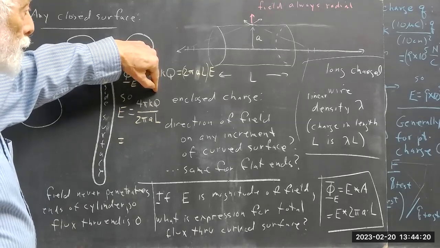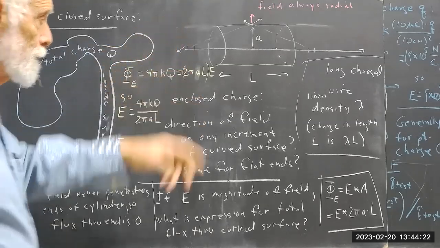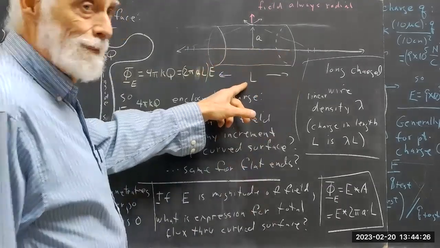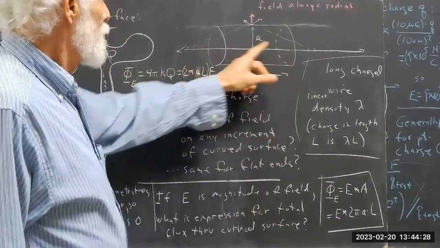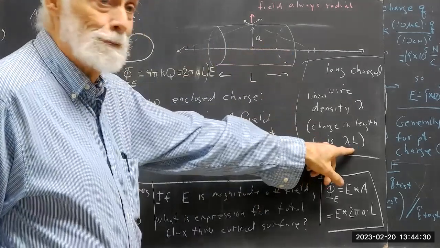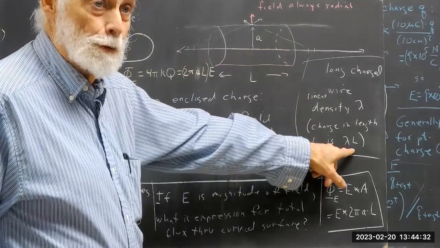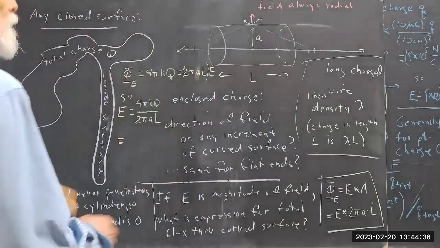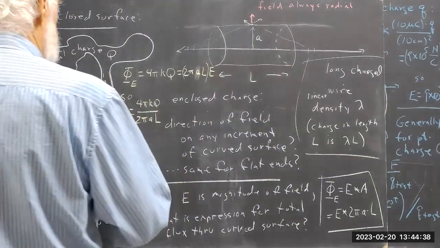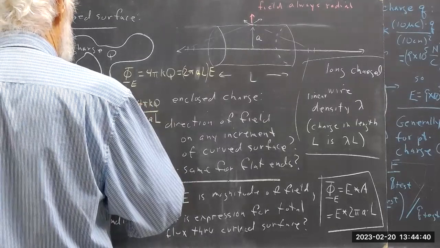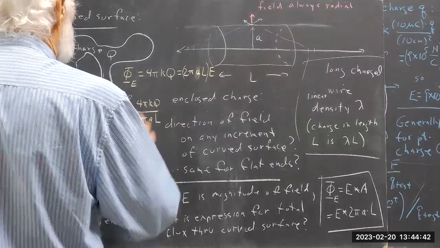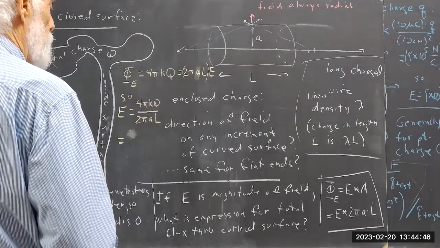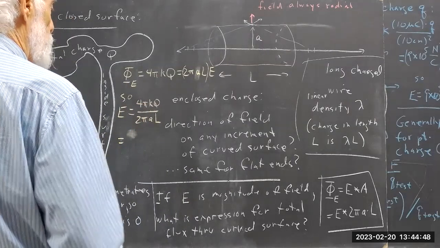Then we have charge from here to here. It's a length L of charge with density lambda. So I've already written it out for you, but we understand what charge density means, linear charge density. This becomes then, well, first of all, the 4 pi and the 2 pi divide out.